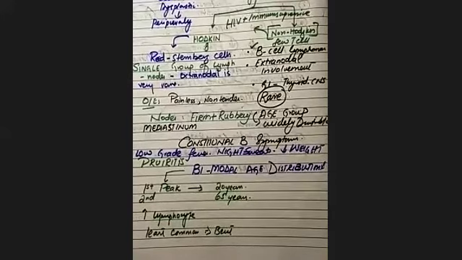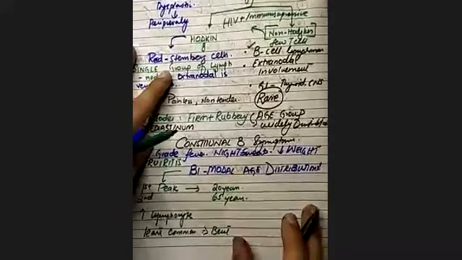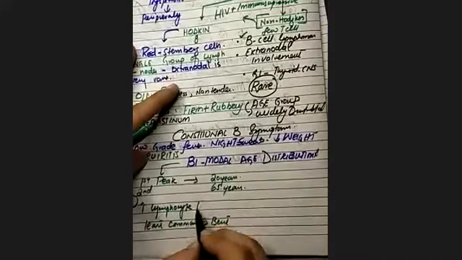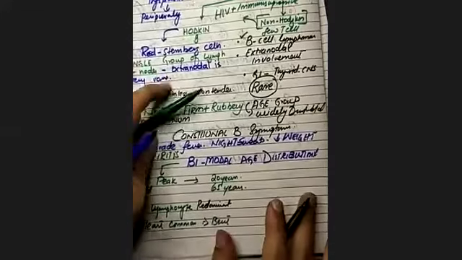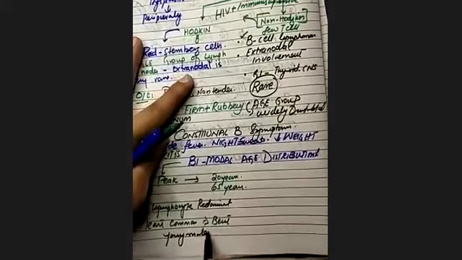There are a lot of types, and of course the first type is lymphocytic predominant, which has the best prognosis, and is seen in young males.